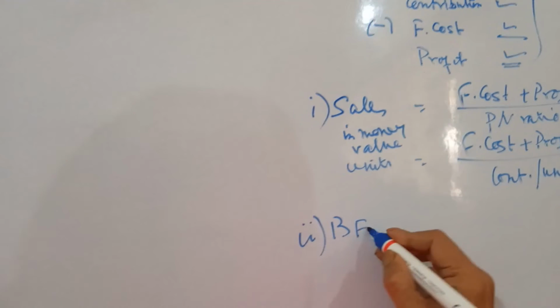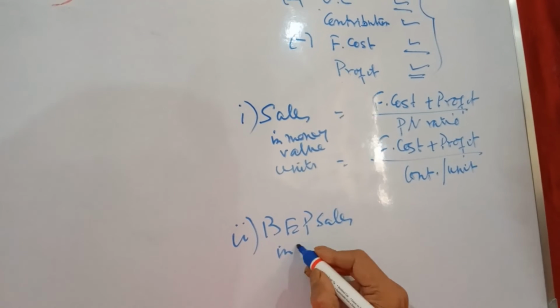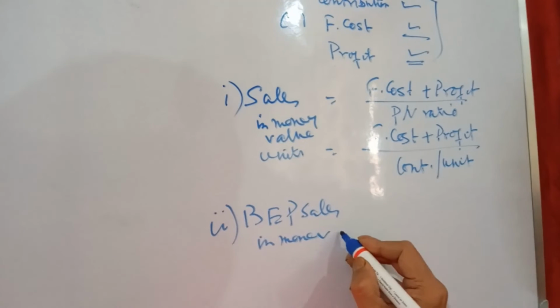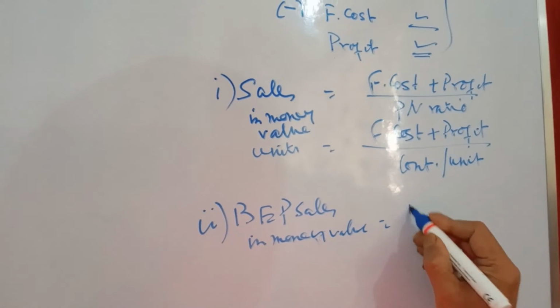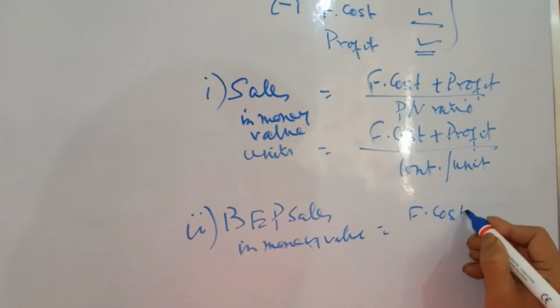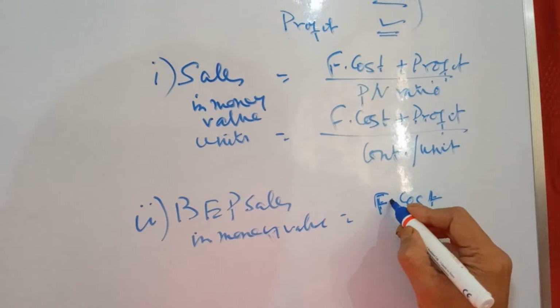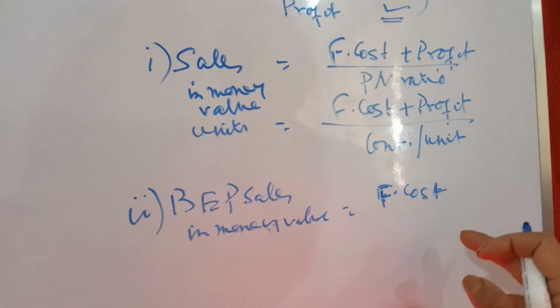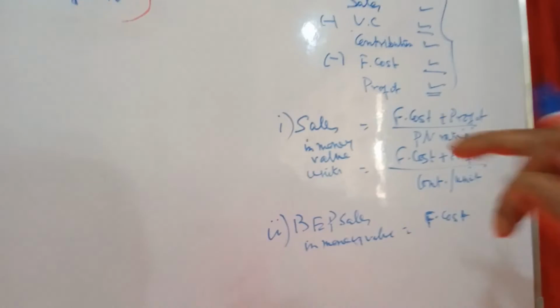Number 2, BEP sales in money value, that is in dollar value, equals fixed cost, that is no profit, no loss. So nothing will be added or nothing will be deducted from fixed cost.